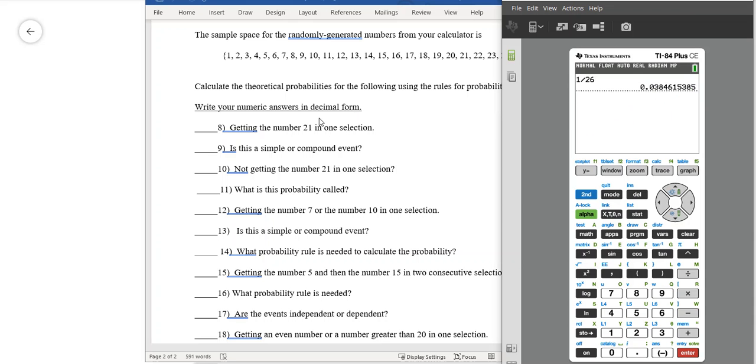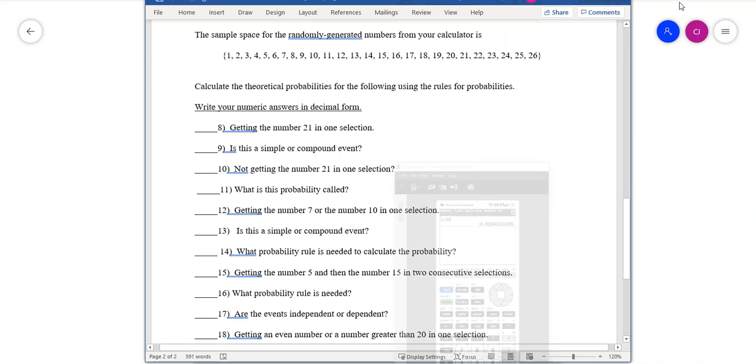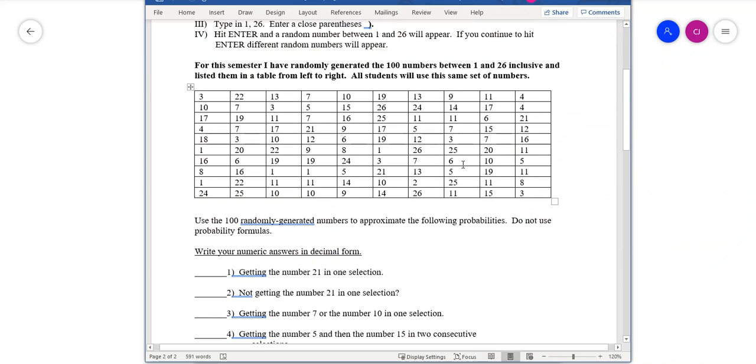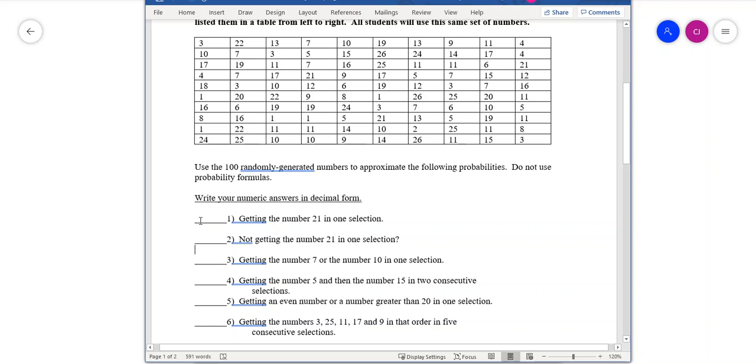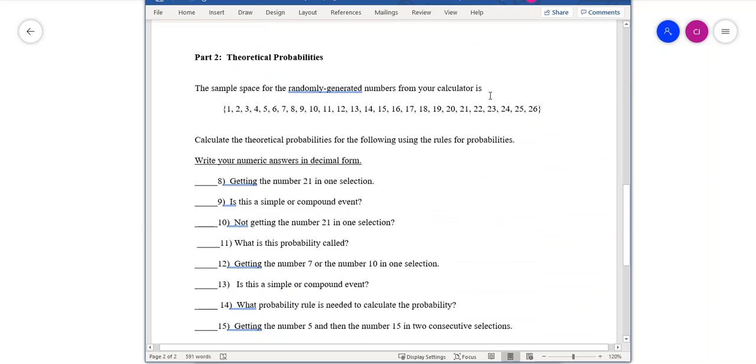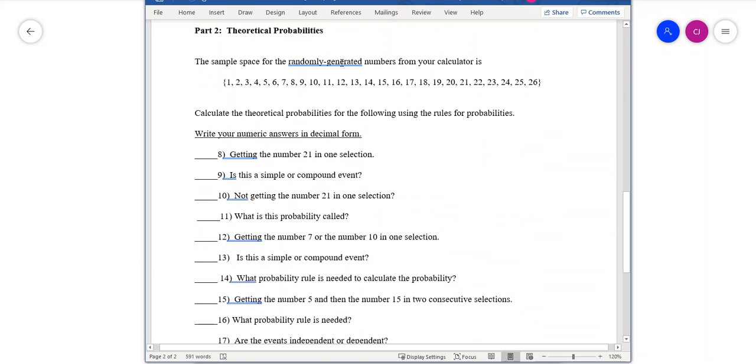Remember when we did the first part, now this is saying the answer is 0.038. And when we did this part, we came up with 0.03. So very, very close. This sample of 100 numbers approximated that theoretical probability very, very closely.